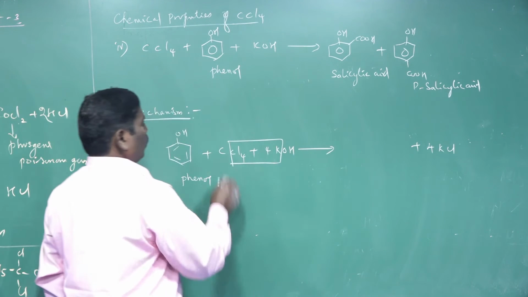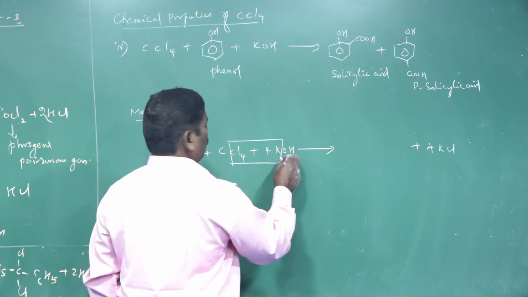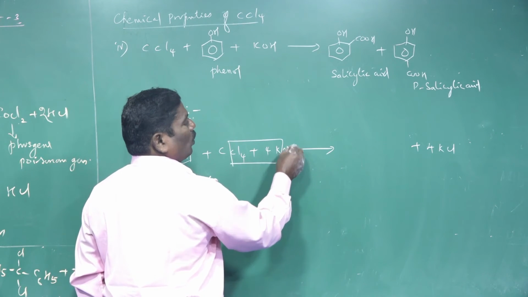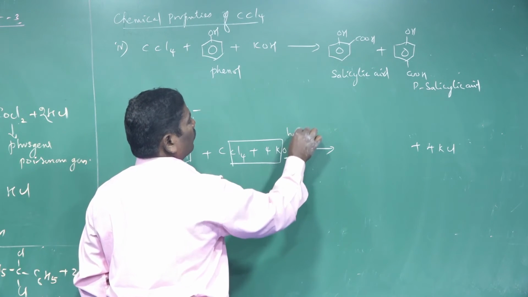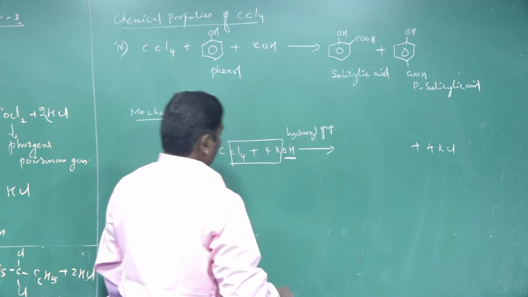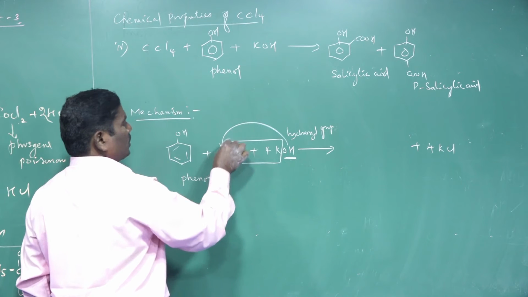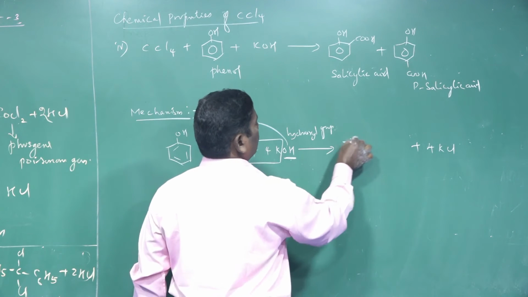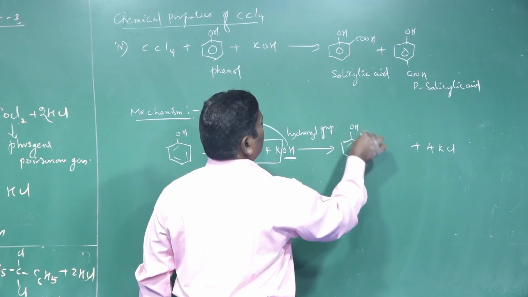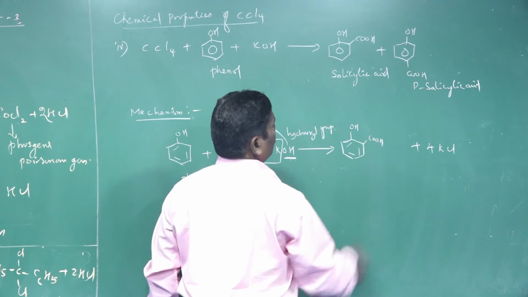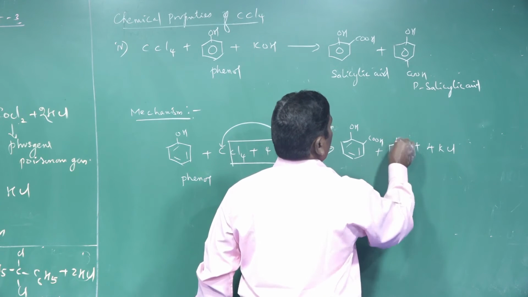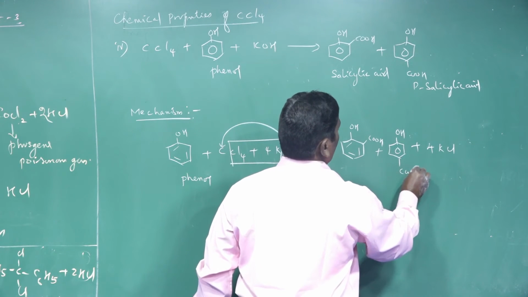Then what is remaining? 1 carbon is here, and also 4 OHs, hydroxyl groups. These 4 OHs approach this carbon, which forms the product of the same OH with COH, then plus 4 OH with COH.